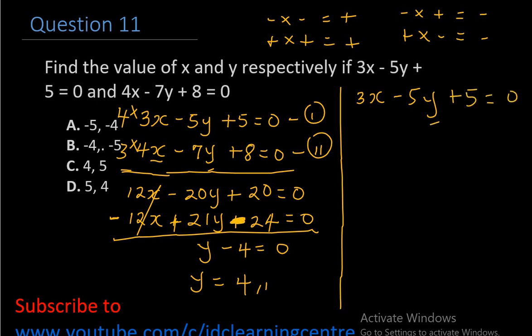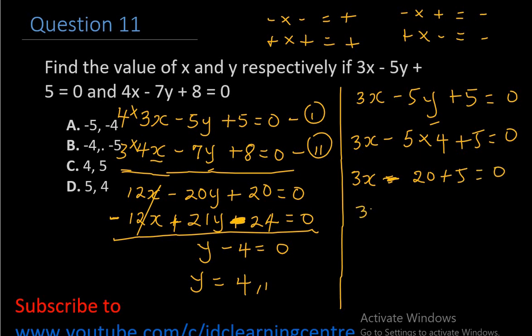When y is 4, it will be 3x minus 5 times 4 plus 5 equal to 0. So 3x minus 20 plus 5 is minus 15 equal to 0.